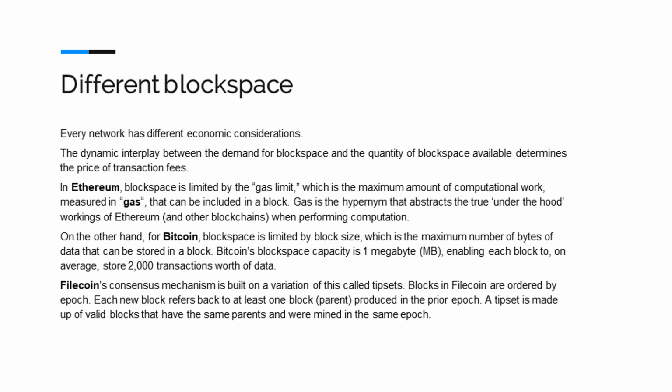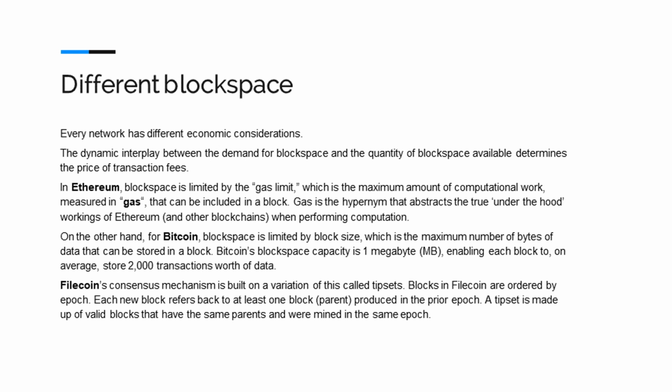In Ethereum, block space is limited by the gas limit, which is the maximum amount of computational work, measured in gas, that can be included in the block. Gas is the hypernym that abstracts the true under-the-hood workings of Ethereum and other blockchains when performing computation.